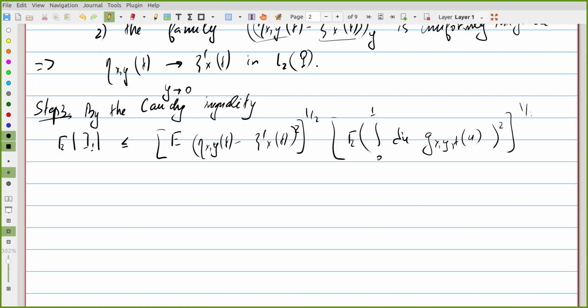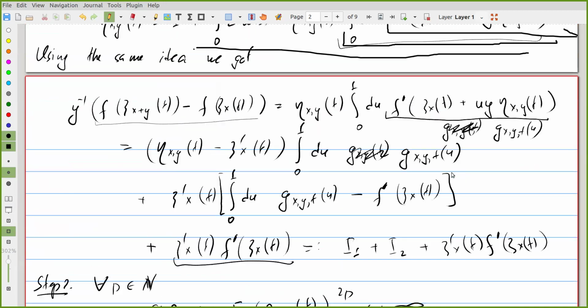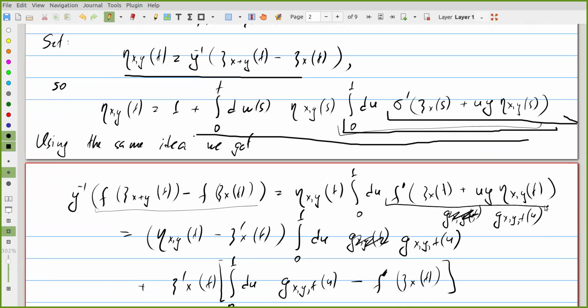So I had to use this L2 convergence because here stands f prime, and f prime is not bounded, it's not supposed to be bounded.